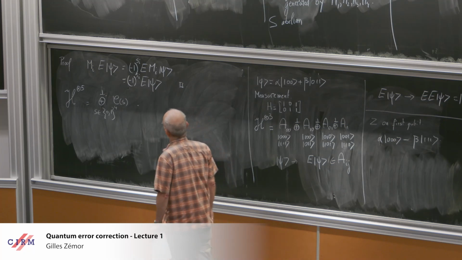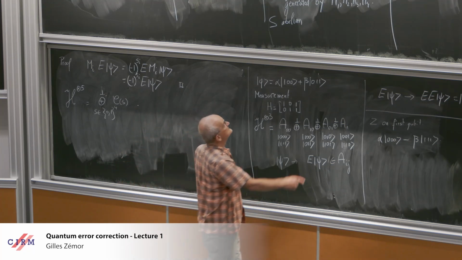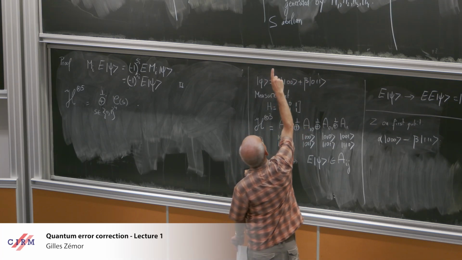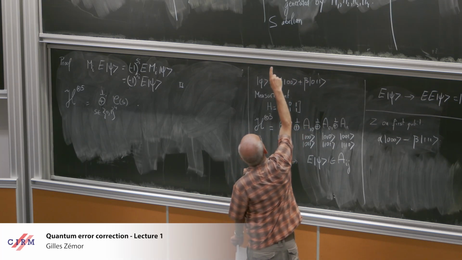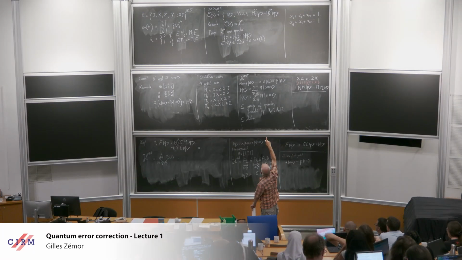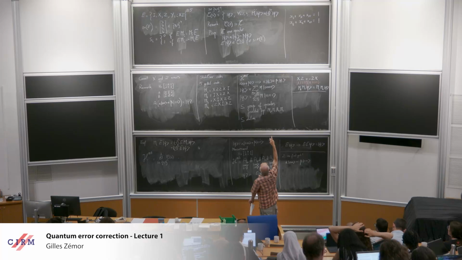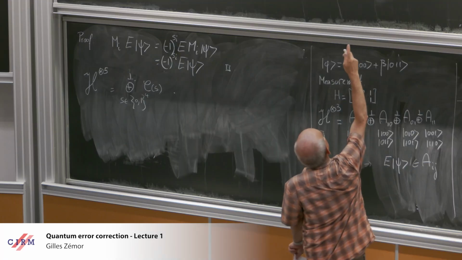Why? Because if you look at the definition of CS, it's all up there, what is it? It's states that satisfy a bunch of equations of the form some operator times phi equals phi multiplied by either +1 or -1.